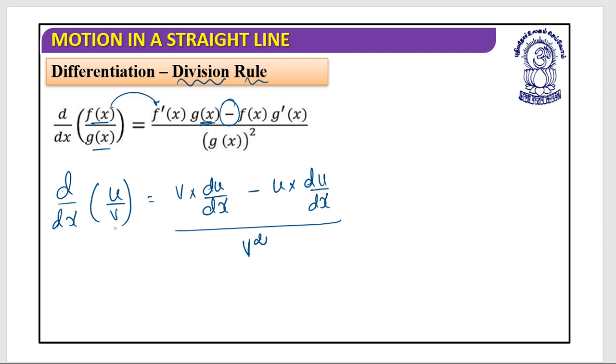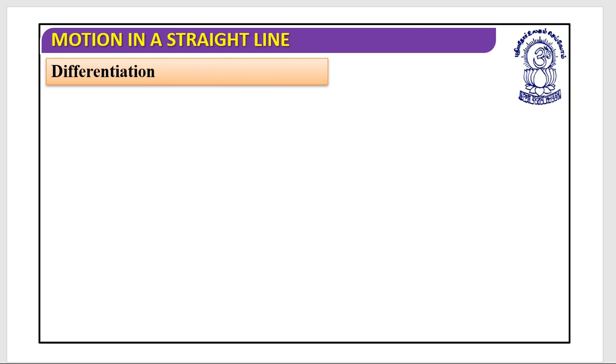Yes, can you solve this? Are you sure? Let's check it out. First you need to solve d by dx of log of x divide by x square. How can you do this?